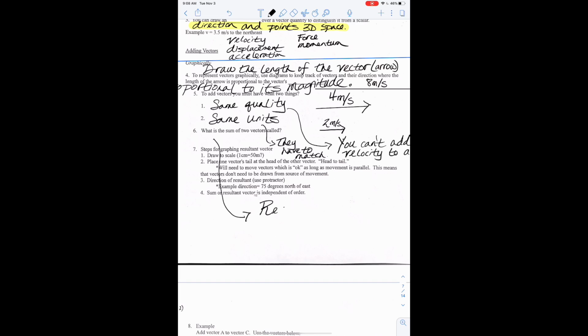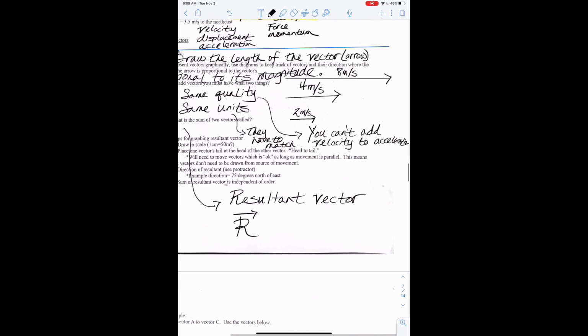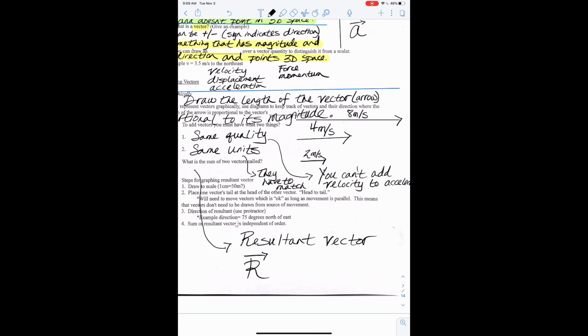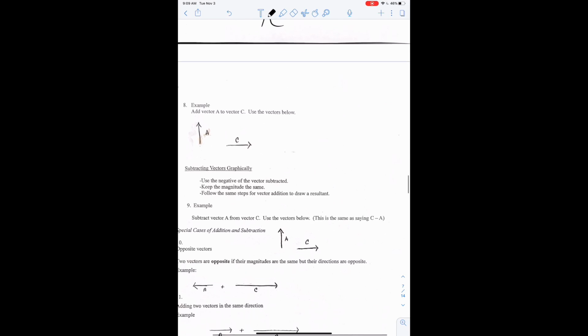The sum of two vectors is called the resultant vector. I usually like to represent it with a symbol like this, capital R with a little hat over it. We'll see that here in a second below when we do some examples. Okay, so I think we're good there. All right, let's move on.